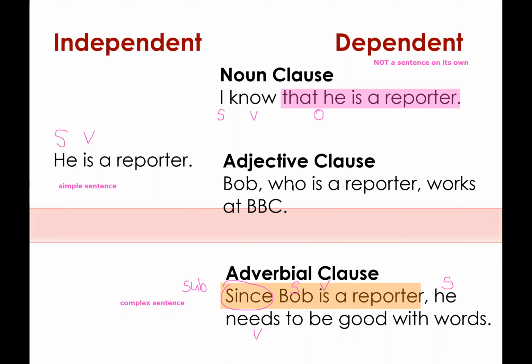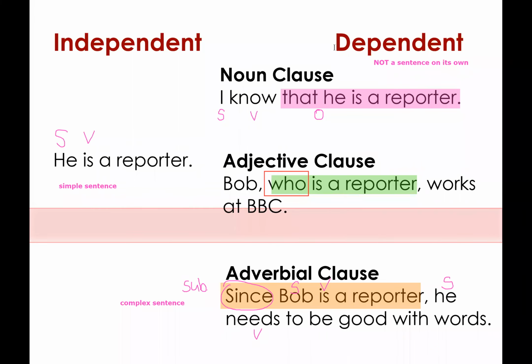Now let's go to our main topic of this lesson. The adjective clause in this case would be "who is a reporter." It is very important for you to know that an adjective clause starts with a relative pronoun.